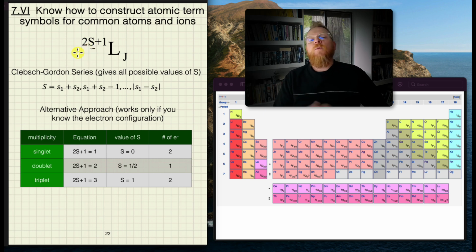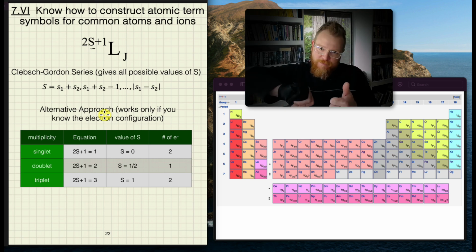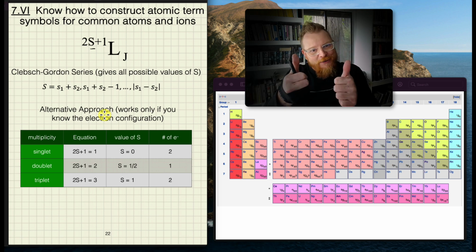And once again, we can do the Clebsch-Gordan series, or there's this alternative approach if we know the electron configuration. So the Clebsch-Gordan series says, once again, we're going to add up all of the S values like we just did, little s1 plus little s2, et cetera, where those will either be +1/2 or -1/2, depending on if they're paired or not paired.